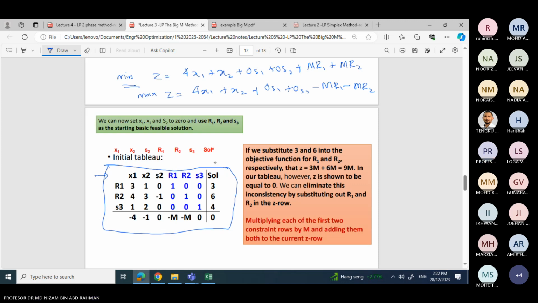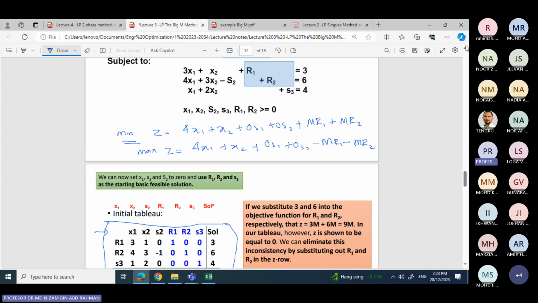And then for each of the constraints over here, you have 3 constraints. Because you have 3 constraints, you have 3 initial basic variables, which are R1, R2, and S3. Right?